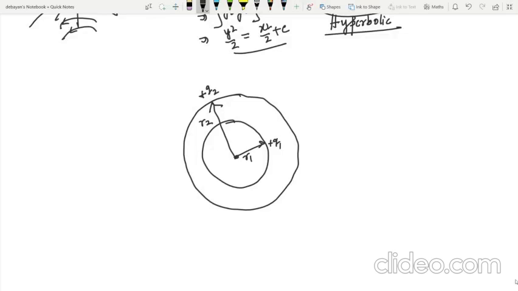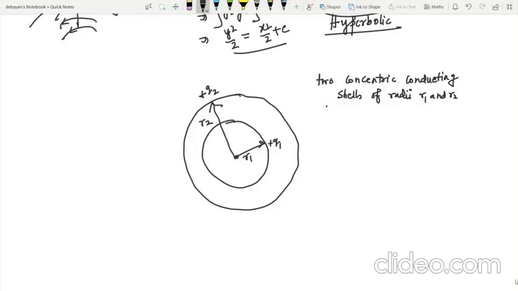So what we are saying is that there are two conducting cells of radius R1 and R2 carrying uniformly distributed charges Q1 and Q2 respectively.